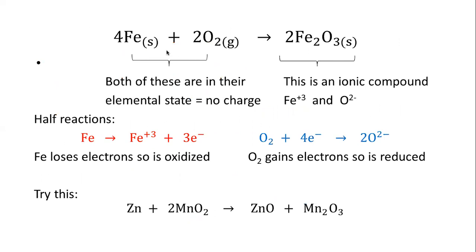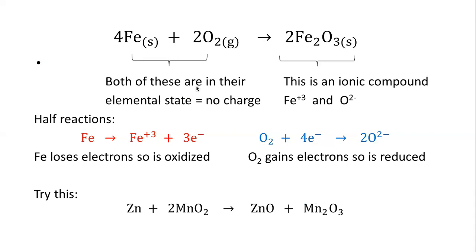And so here we have iron plus oxygen that are going to come together, and they're going to form this iron oxide compound here, or ionic compound. And even though these don't have charges on them, this is indeed a redox reaction. So on the reactant side, we see that both of these are in their elemental state.